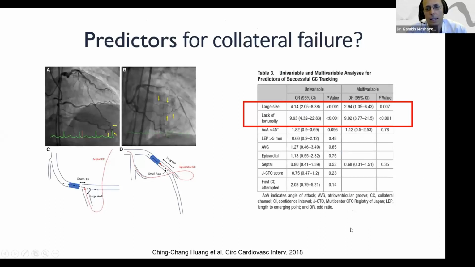In 2018, there was the second publication on collateral scores after the first one. And this was a very good one because it was very simple. In a univariable and multivariable analysis, what they found out is that large size and lack of tortuosity are predictors for successful crossing.